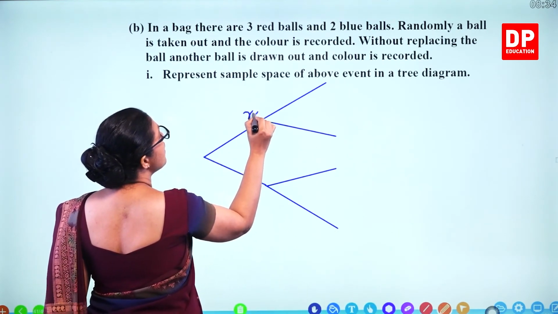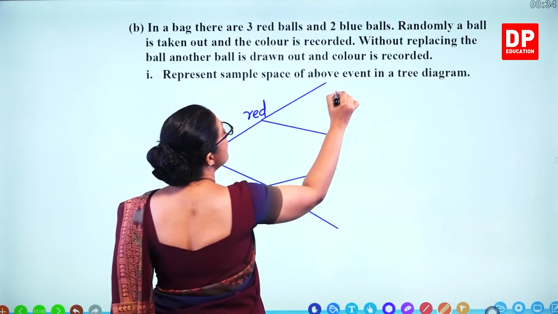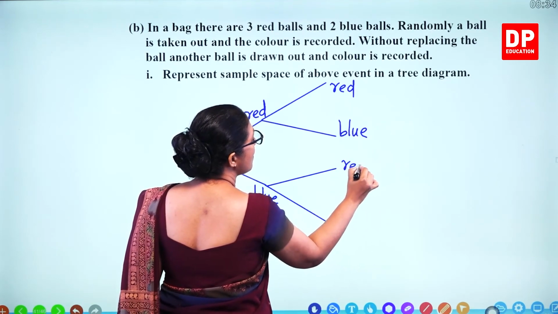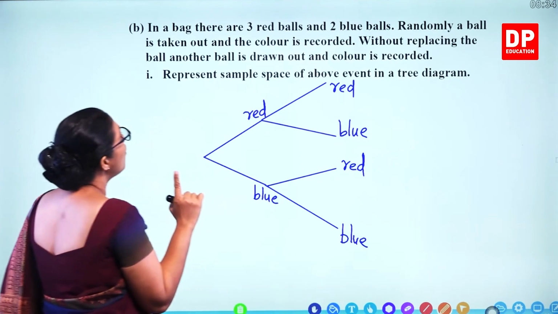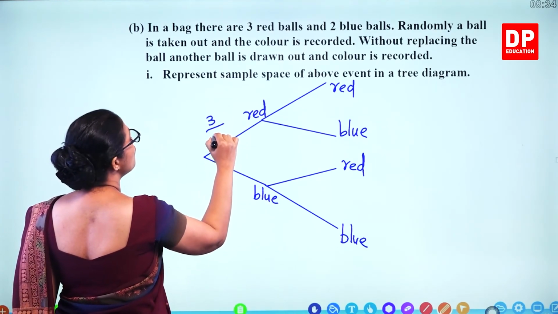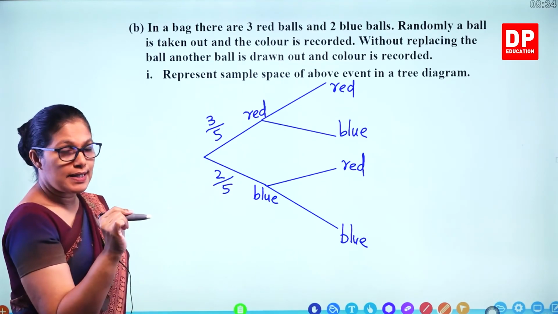So this is red, blue, red, blue, red, blue. Now how many reds? 3 out of 3 plus 2, 5. 2 out of 5. That's the probability.